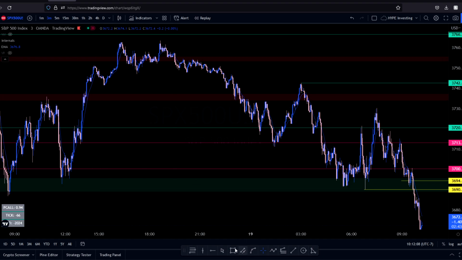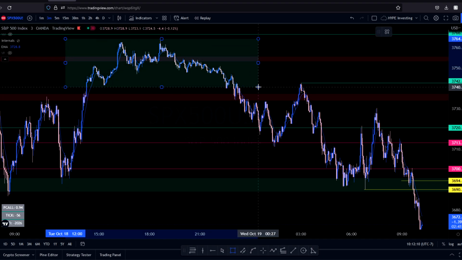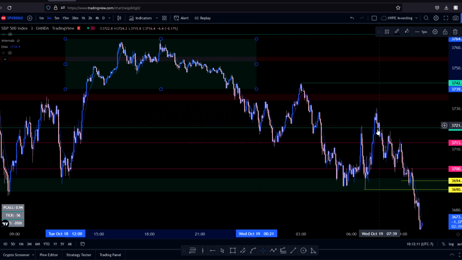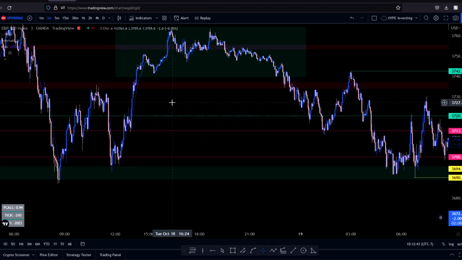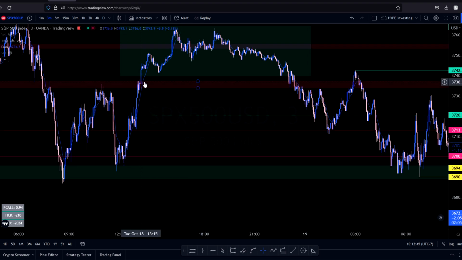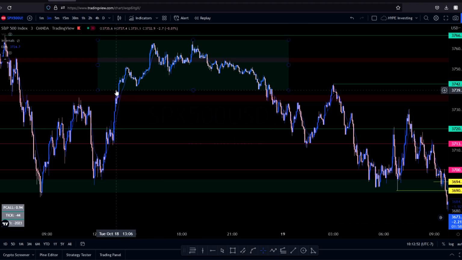Again, similar to what I was talking about earlier, I don't put too much importance on it because it was caused by a catalyst. When a move is caused by a catalyst, you can tell it wasn't really planned. The planned move, based on what we got yesterday, was they were going to stall us here and then start bringing us back down. But then obviously we got Netflix, and that changed things up a bit.